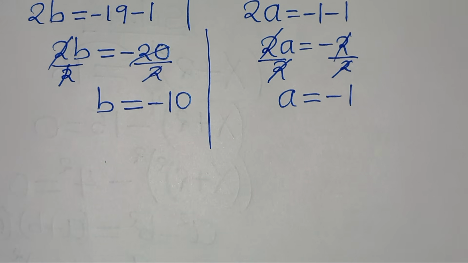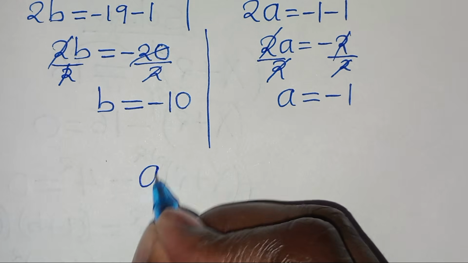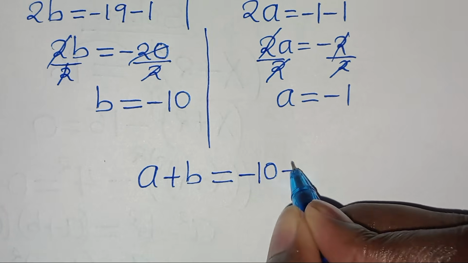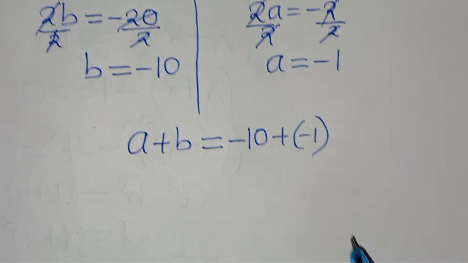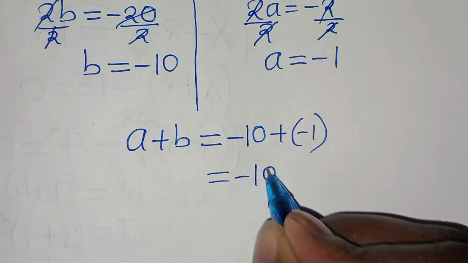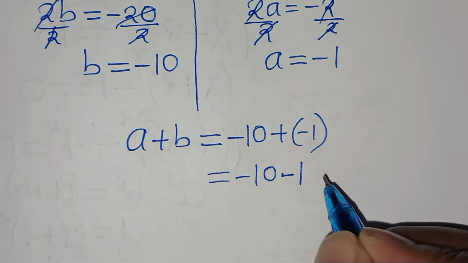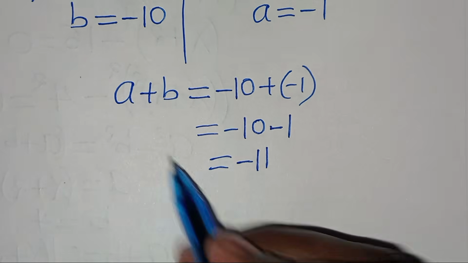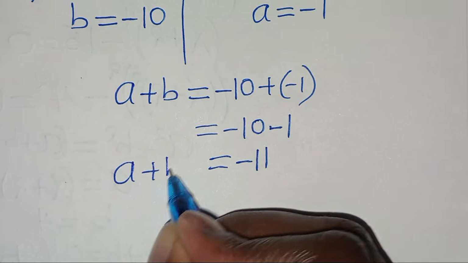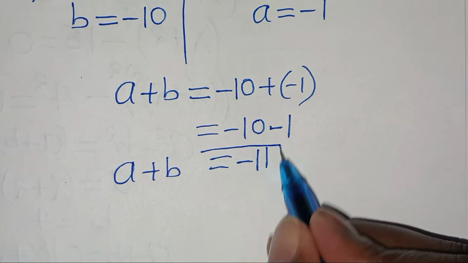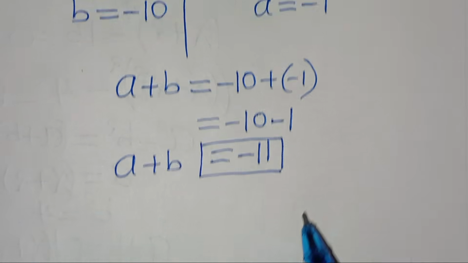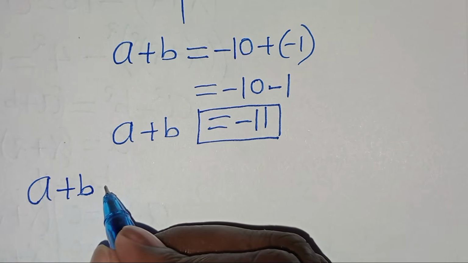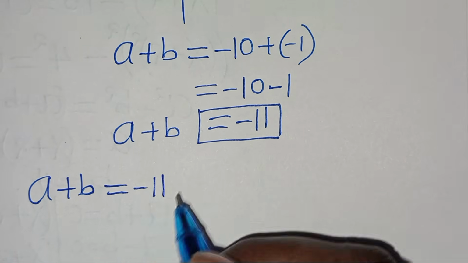So a plus b is equal to minus 10 plus minus 1, which is minus 10 minus 1, and this is equal to minus 11. So in the second case, a plus b is equal to minus 11.